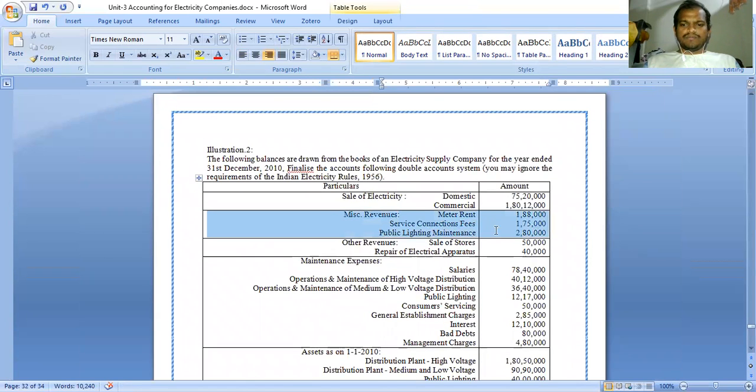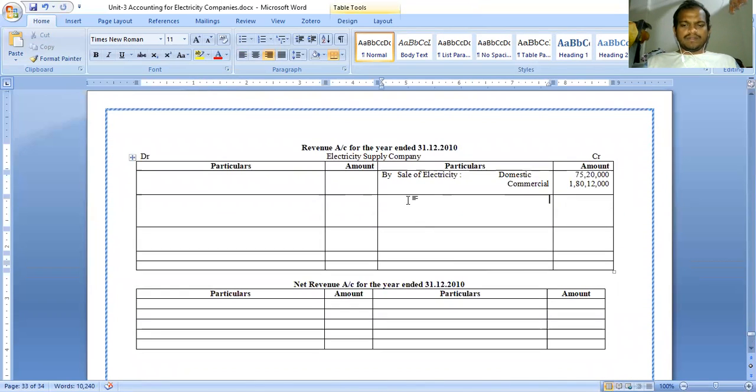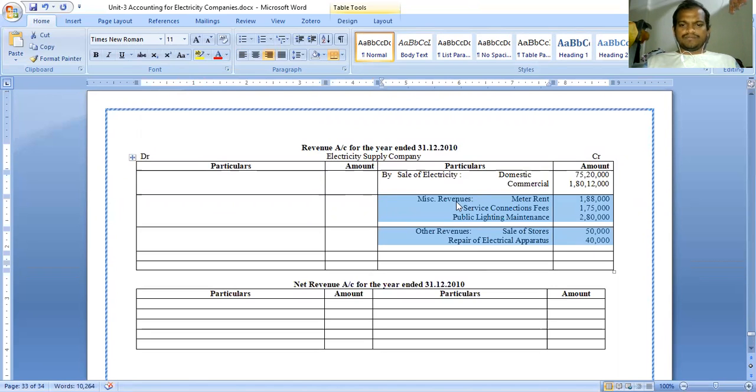Miscellaneous revenue and other revenues. So credit side of the revenue account, by miscellaneous revenue and by other revenues.